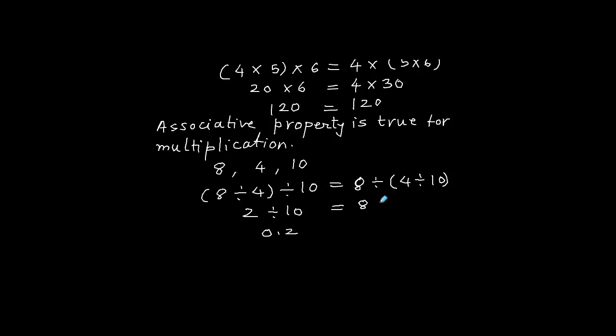And if we'll do this division, 4 divided by 10, which is 0.4, and when you divide 8 divided by 0.4, you will get 20, which is not equal to the 0.2.